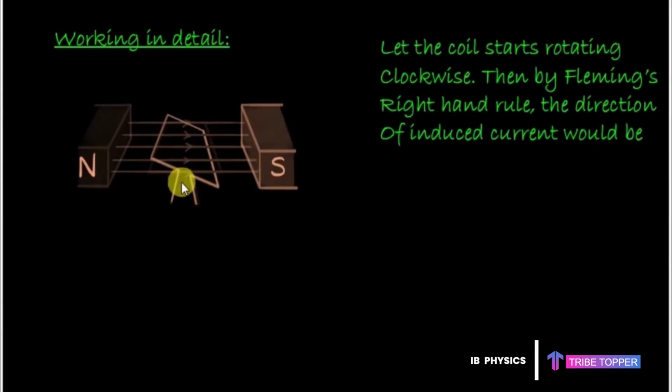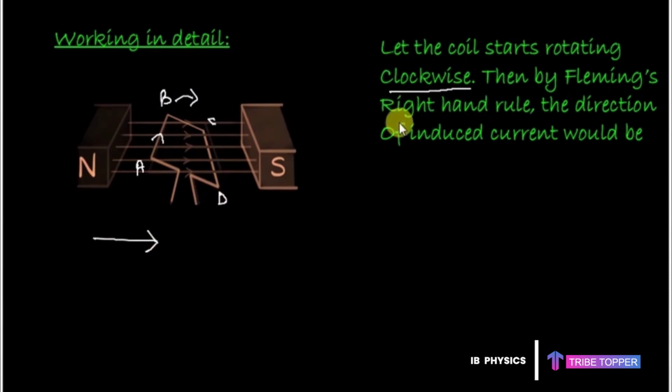So let us assume this is the coil, and we can mark this arm as AB and this arm as CD. In this coil, AB is rotating upwards, clockwise, and the magnetic field is directed from left to right.